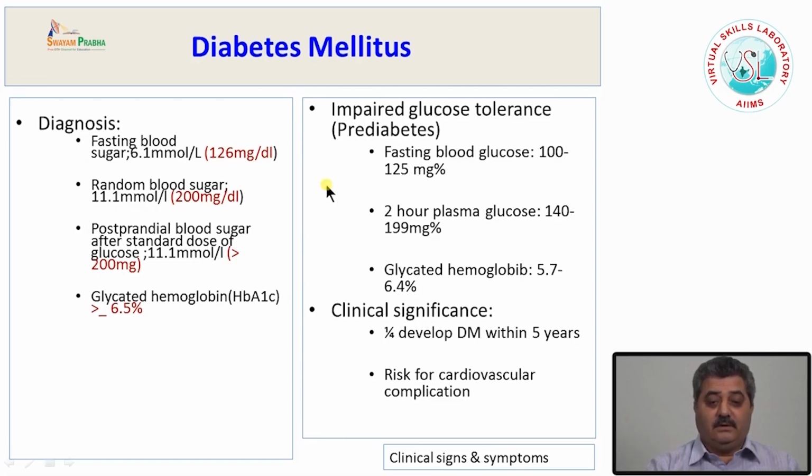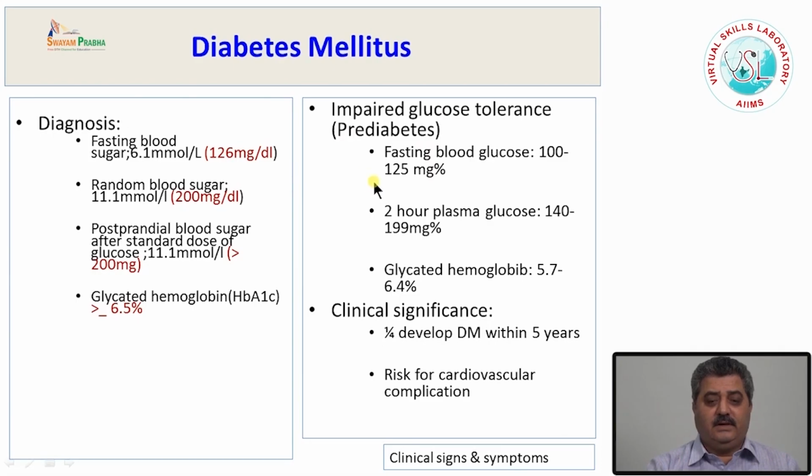There are criteria which define the pre-diabetic state, or people who are more prone to diabetes, what we call impaired glucose tolerance.